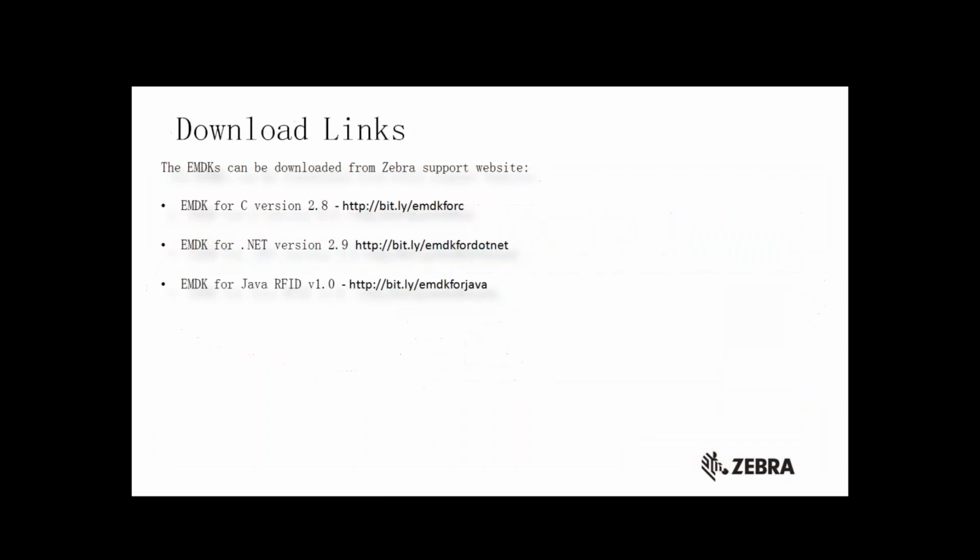Now, when you're looking at how to create Zebra applications using RFID tags, you can download these EMDKs from the Zebra support site. I created the bit.ly links, so it will be a little easier to remember where these are.